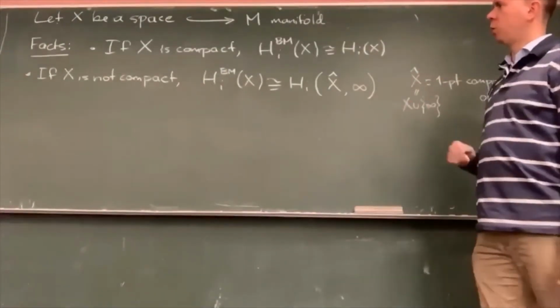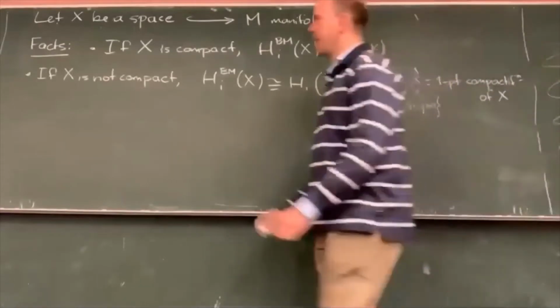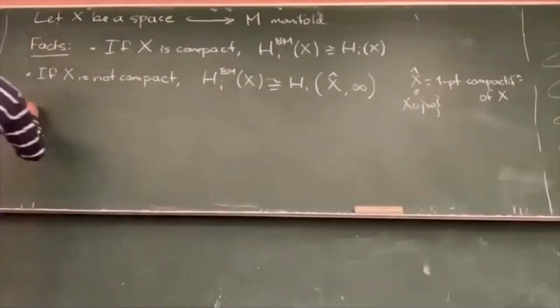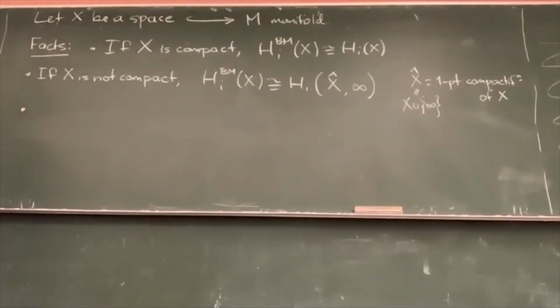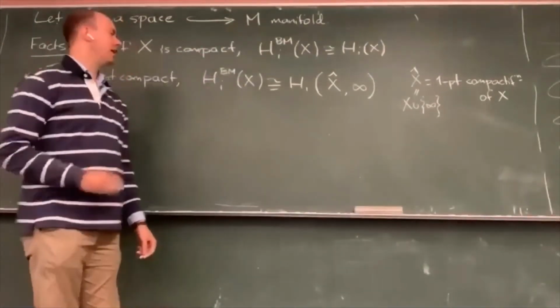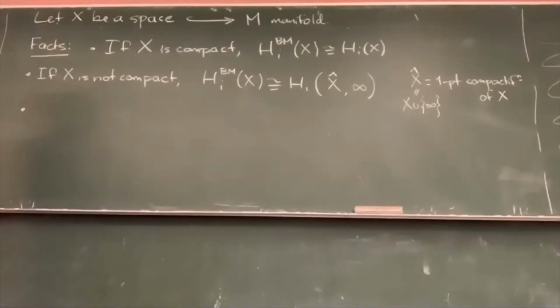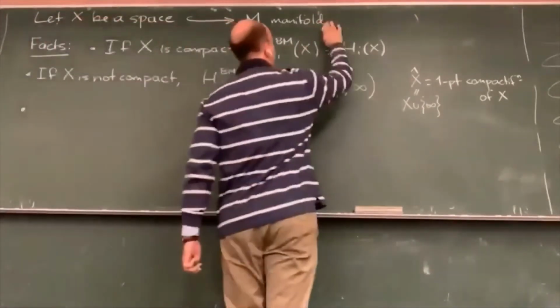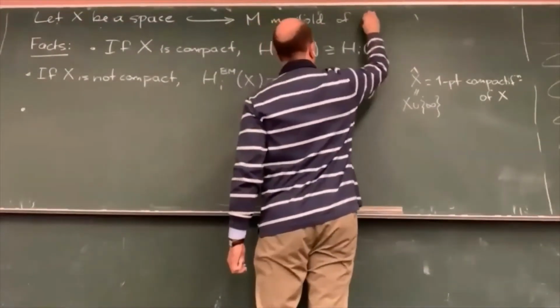What's more useful for our purposes is an interpretation of Borel-Moore homology in terms of cohomology using the manifold M that it's embedded in. So let's say that the dimension of the manifold is lowercase m.